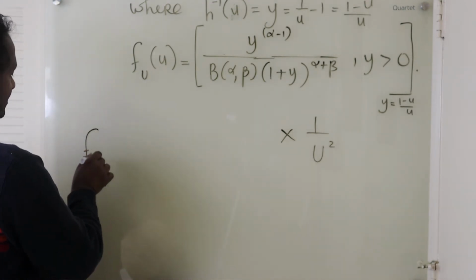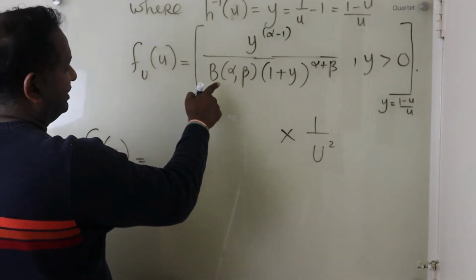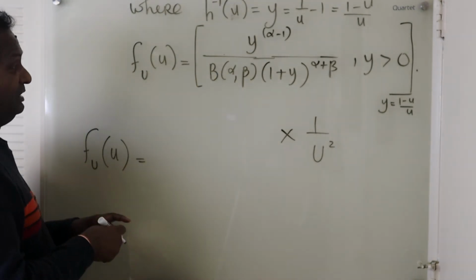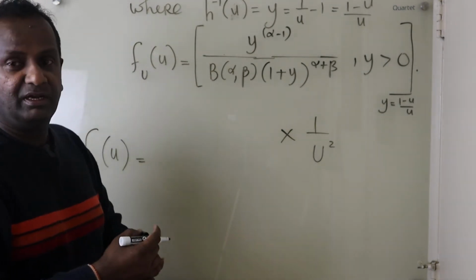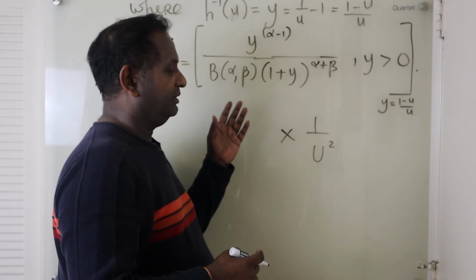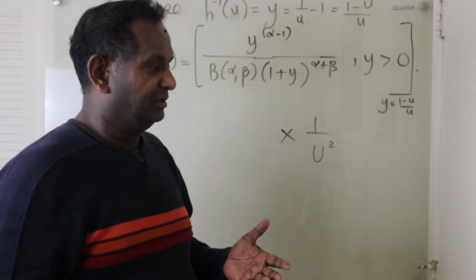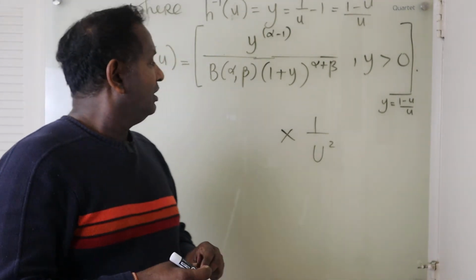Therefore, f of u, with this beta function. We can get back to the beta function and have a detailed discussion later, once we're done with this. That's a different thing. Everybody in this class is very familiar with the beta function. The beta function can be expressed in terms of the gamma function, which are special functions found in mathematics.